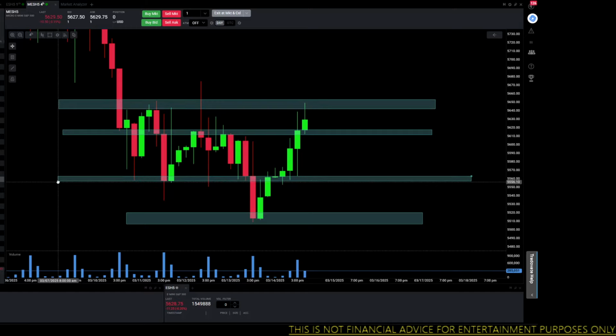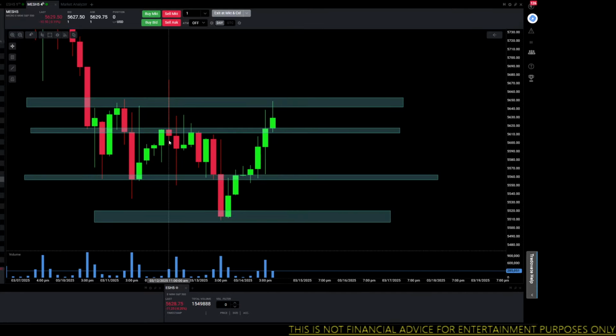We are forming a support area here, and you can see also that this candle beautifully rejected this area and this area and came back to the downside here. This just gives another confirmation or higher probability that we are going to the downside, and we did go to the downside.